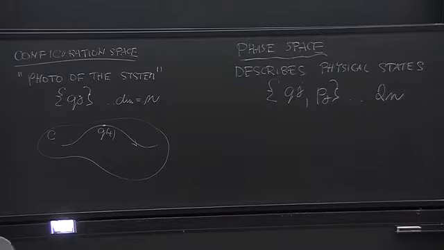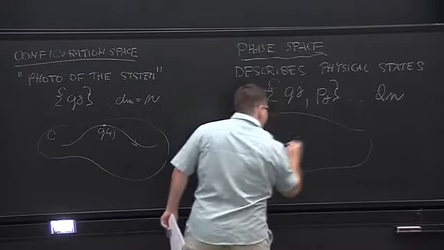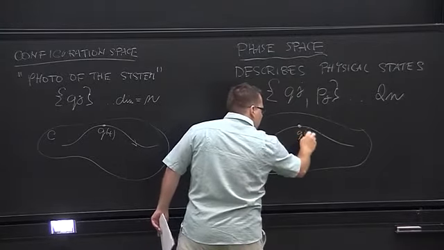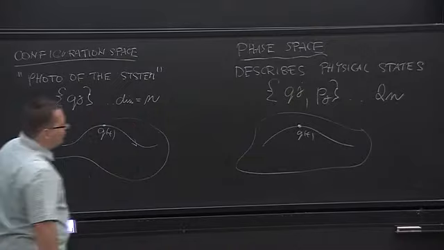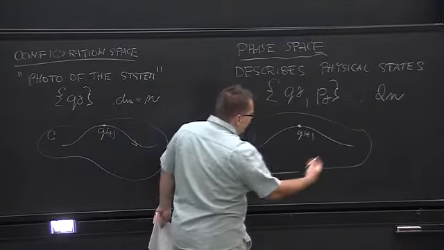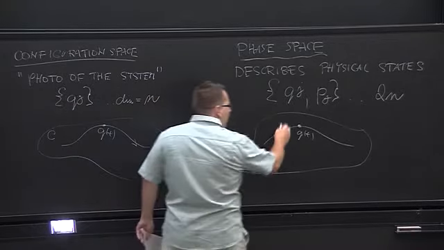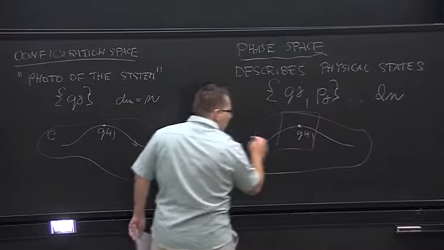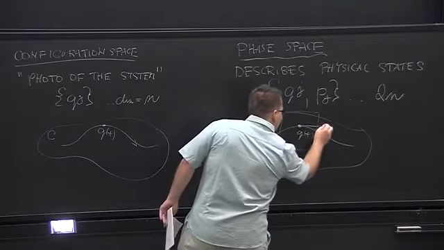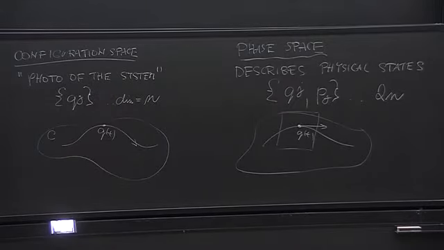Again, if you consider this motion on an asteroid, this is your trajectory, but at that given q(t), you don't only have the information about where you are on the asteroid, you also have the information about what your momentum is. The momentum lives in a tangent space to this asteroid.